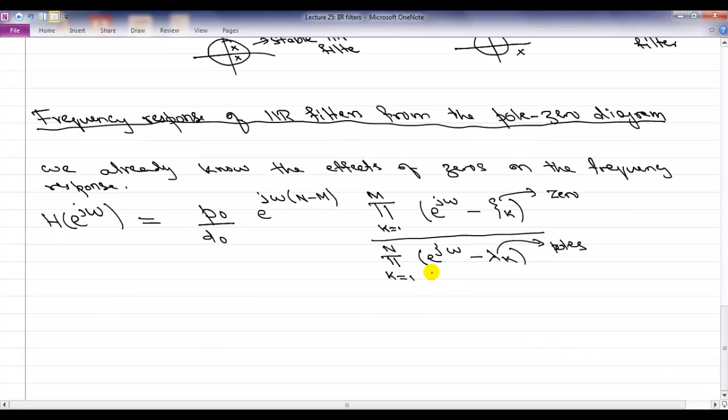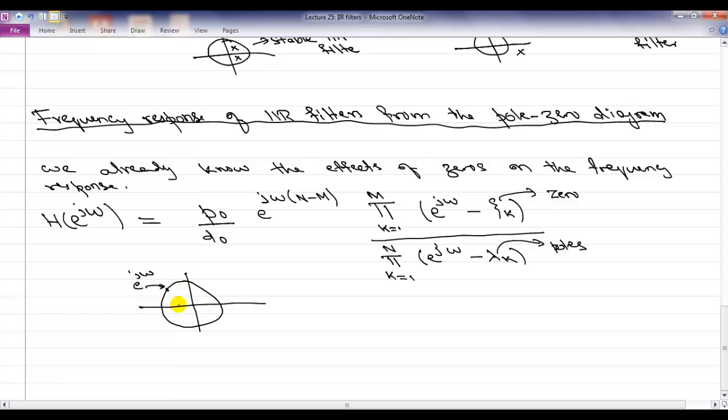So you should really think of this as a vector going to frequency omega. Let me just remind you, this is your unit circle. Right? So let's say you are interested in figuring out the effect on this frequency omega. This point in the z plane is e to the j omega, which corresponds to frequency omega.